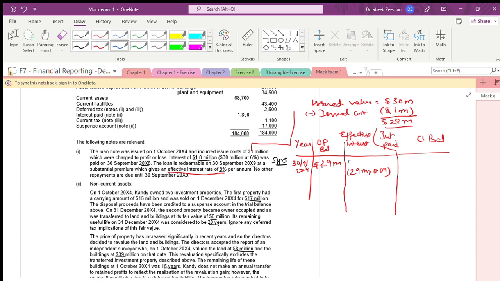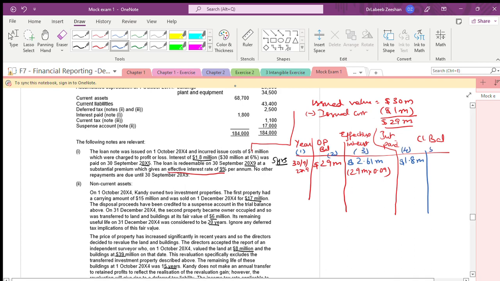It comes to 2.61 million, as we just calculated. Interest paid is 1.8 million. This is column 1, column 2, column 3, column 4.